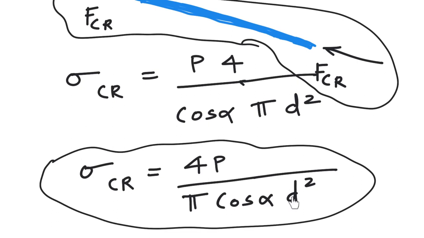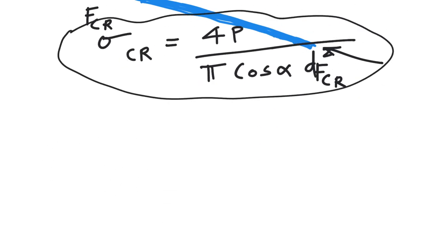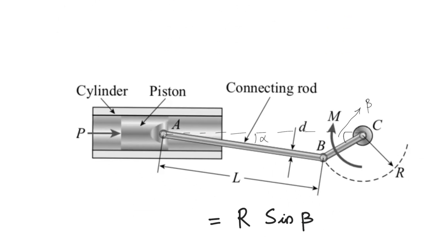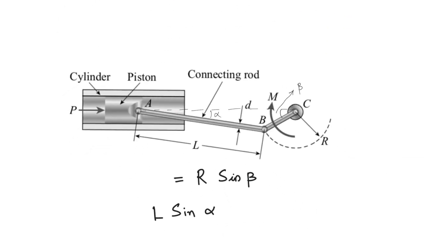See, 4P is a constant, D square is a constant, everything is a constant other than cos alpha. Cos alpha is changing as our system is rotating. As the crank rotates or as the piston moves to and fro, this particular value of alpha is changing.